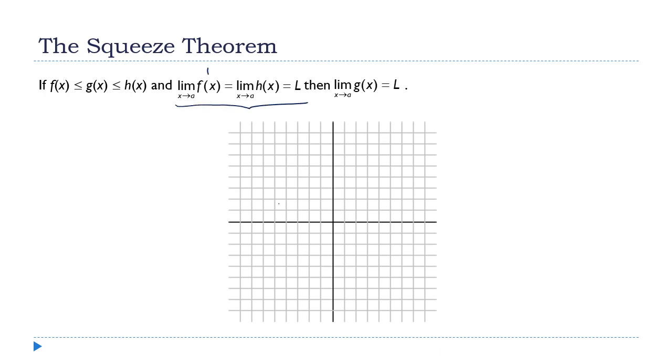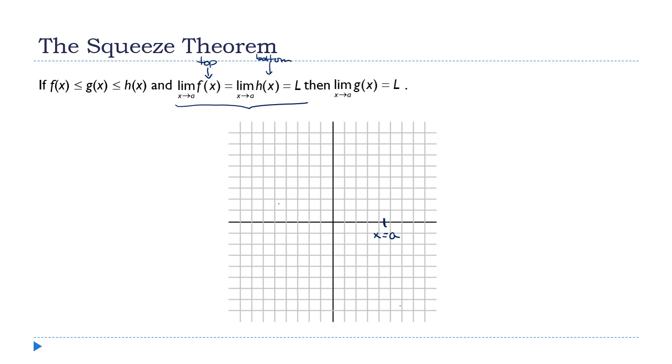Remember, f is the top function, and h is the bottom function. We've got this point here, x equals a. And what this is saying is that at a, the limit of f and the limit of h are the same.